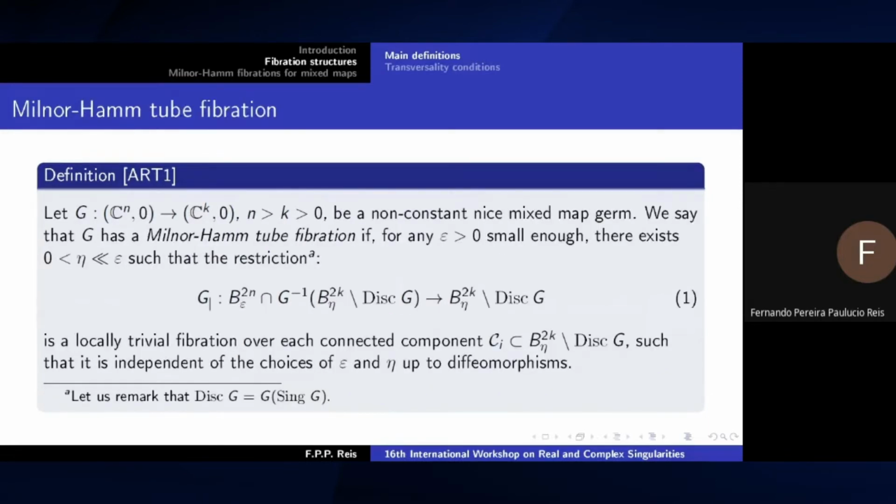They also give the following definition. Let g from C^n to C^k be a non-constant nice mixed map germ. We say that g has a Milnor-Hamm tube fibration if for any epsilon small enough there exists eta such that the restriction given by 1 is a locally trivial fibration of each connected component, such that it is independent of the choice of epsilon and eta up to isomorphism.